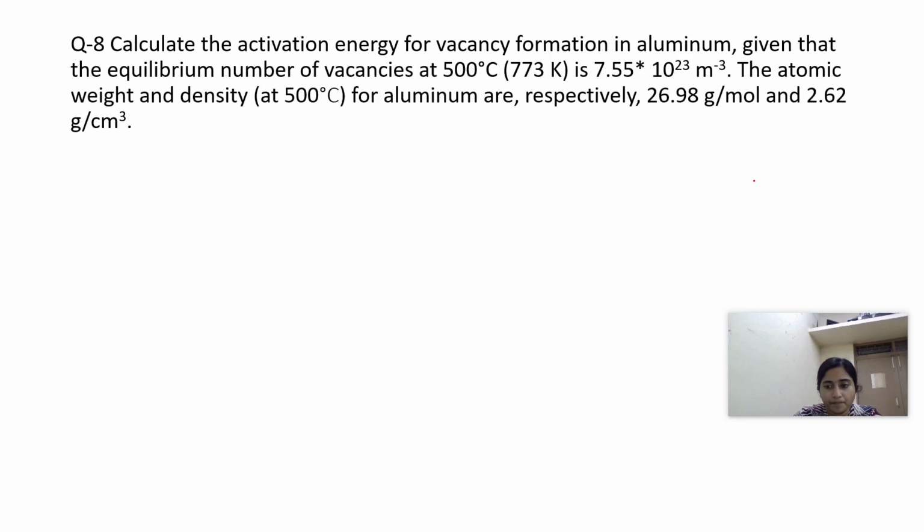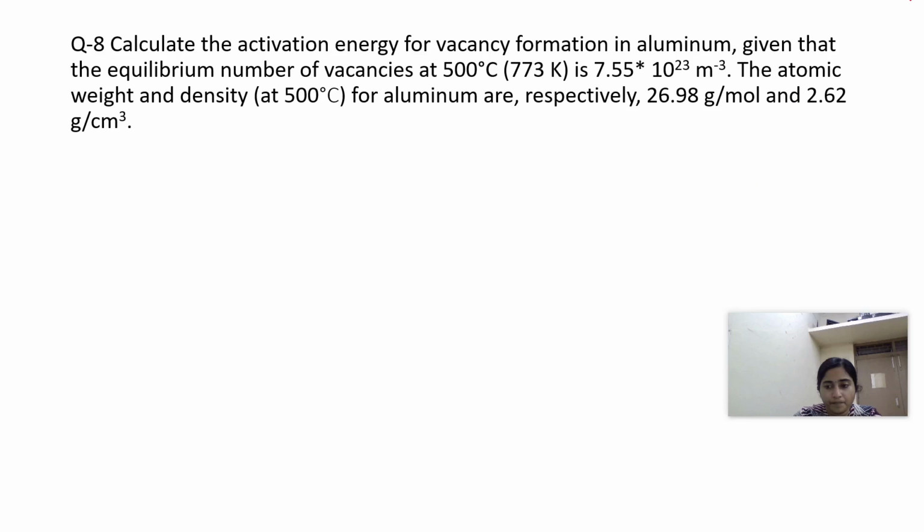So the next one is: calculate the activation energy for vacancy formation in aluminium, given that the equilibrium number of vacancies at 500 degrees Celsius is 7.55 into 10 to the power 23 per meter cube. The atomic weight and density of aluminium are given. So you have to find the activation energy.